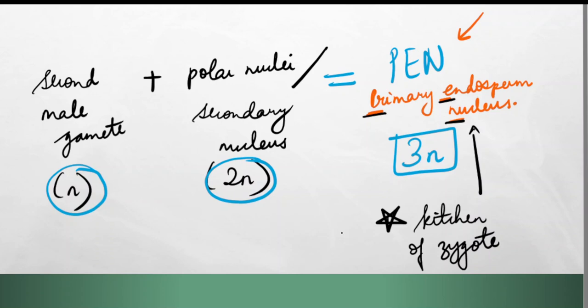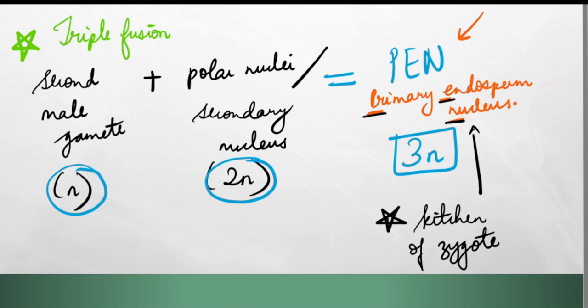This process of formation of the primary endosperm nucleus is known as triple fusion. Now why is it known as triple fusion?